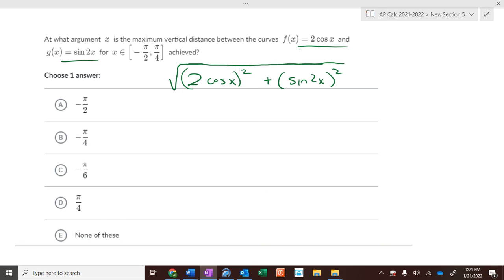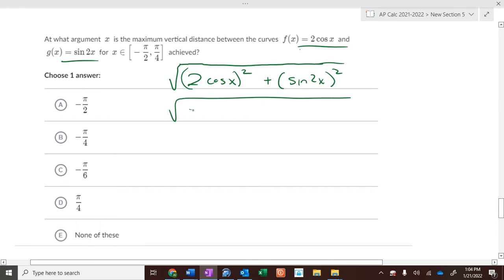Ooh, this ain't very friendly. What is another format for the sine of 2x? It's 2 sine of x cosine of x, right?